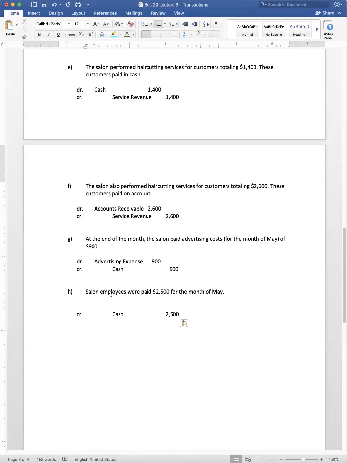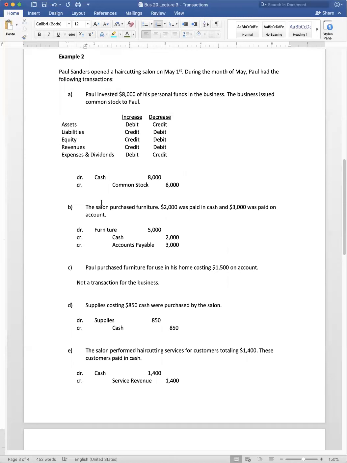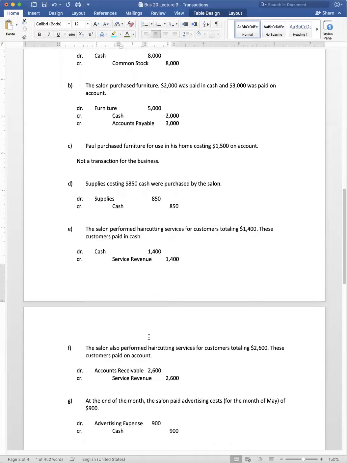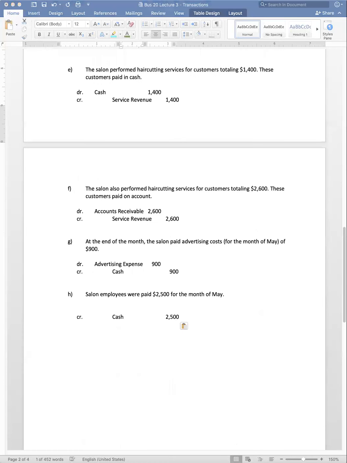So they've already worked for us, and we've already received the benefit of their work. That means we've used it already and we have an expense. So here we have salary expense, and like expenses do, it is increasing. We have more salary expense. So our debit is going to be salary expense.